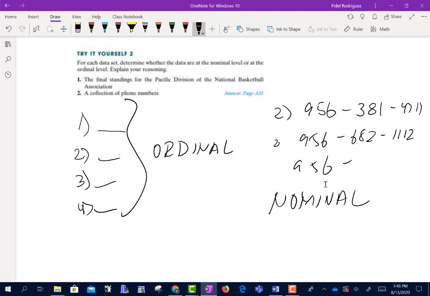Most of us probably don't know a whole lot of phone numbers off the top of our head because we have them on our cell phones, right? So even though these are phone numbers, your first one here is probably going to be your boo, right? Maybe your second one is your mom or your dad, that kind of thing, right? Those are just names, right? Yes, I said your boo.